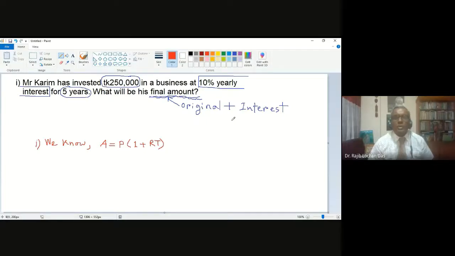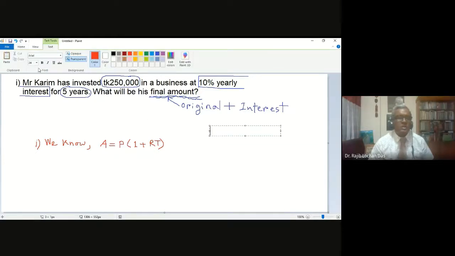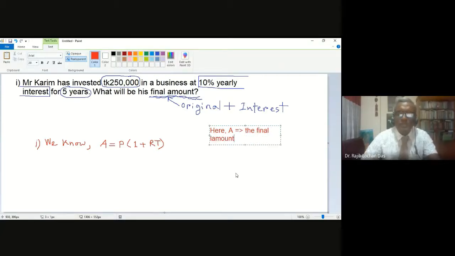So I am writing what the things are here, on the right side. Try to understand every symbol. So here A is what? A is the final amount.